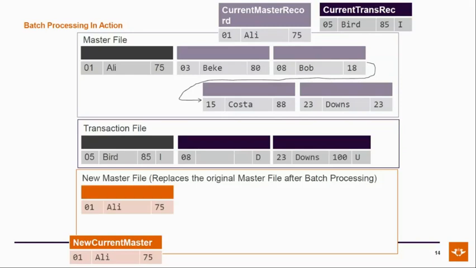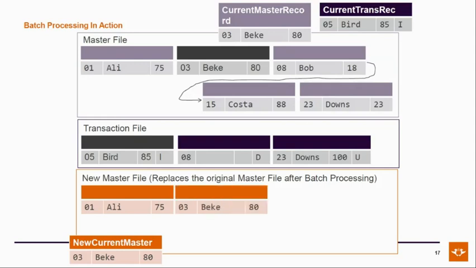Then our second situation is we read the next token. Current master record will be 03 Beck, and then the current transactional record will be 05 Bird. Because 03 Beck is still before 05, it's being added to the master file. Then our next current master record is 08 Bob.